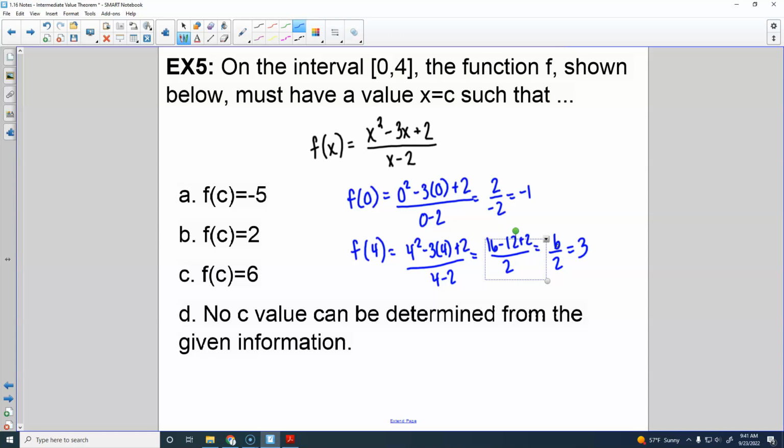It's not B. Why is it not B? You have a hole in this graph at x equals 2. We've got a discontinuity. Does the intermediate value theorem apply? No. You cannot determine a c value because it is not continuous.